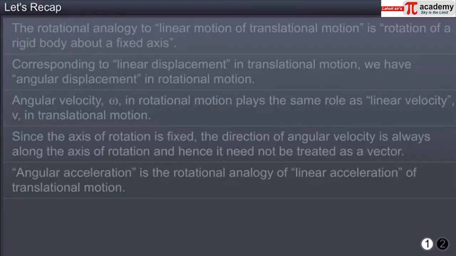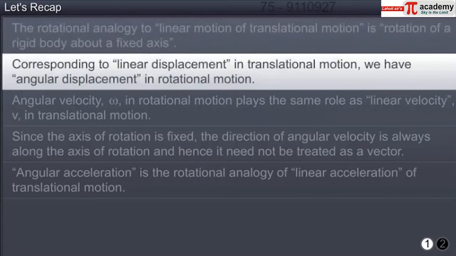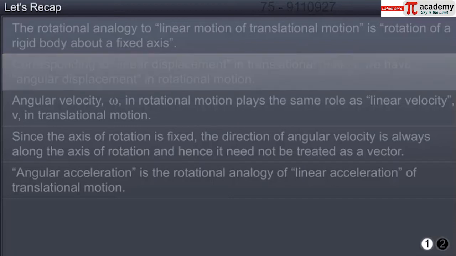You have now reached the end of this module. In this module, you learnt that the rotational analogy to linear motion or translational motion is rotation of a rigid body about a fixed axis. Corresponding to linear displacement in translational motion, we have angular displacement in rotational motion.